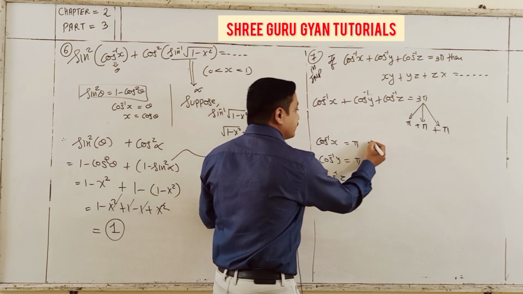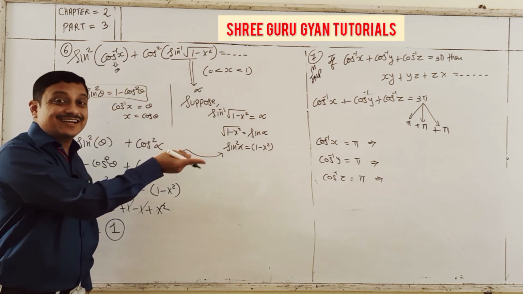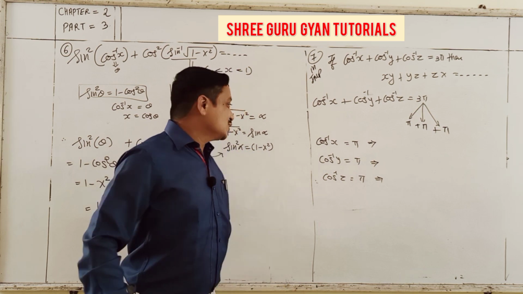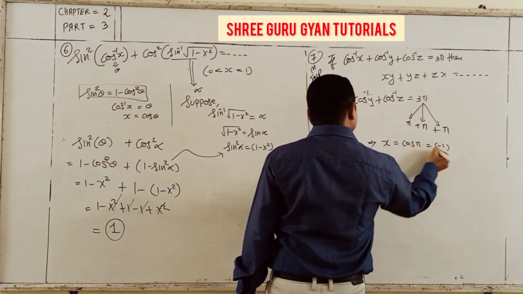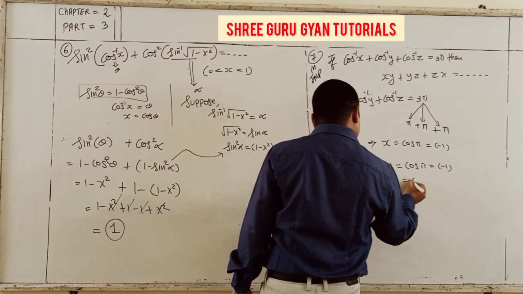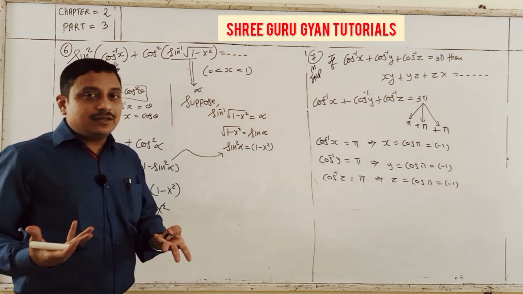I convert it into 3 equalities, first equal to first, second to second. So what you get: x is cos pi, which becomes -1, y also cos pi becomes -1, z is cos pi, becomes -1. Now finally done.